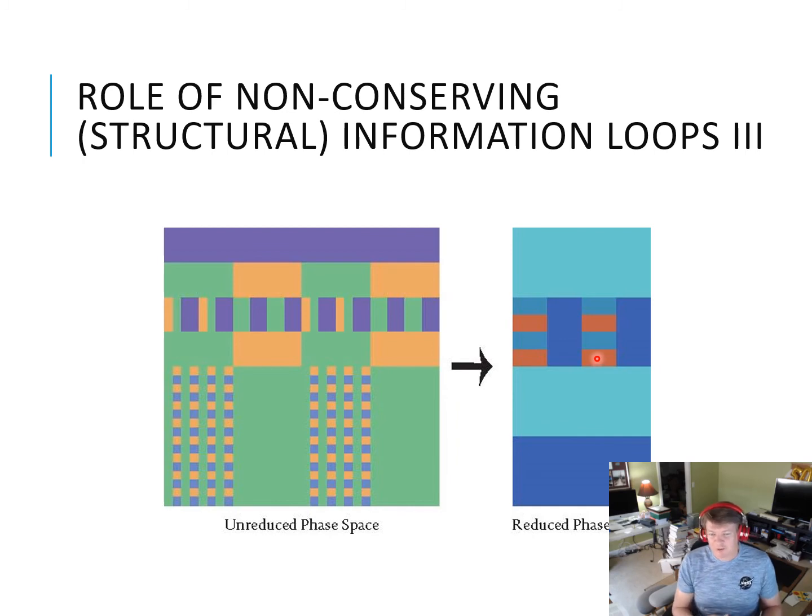So at the very least, we can see here that the dynamic core has a much smaller phase space, so is more susceptible to external changes than the unreduced phase space. So if nothing else, these non-conserving structural information loops are increasing the size of phase space and making the system less susceptible to external perturbations.